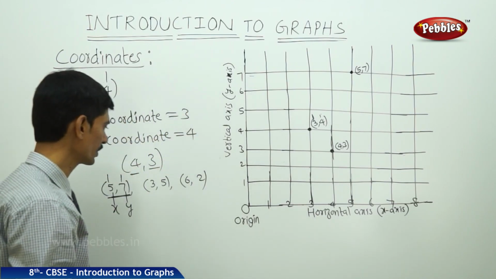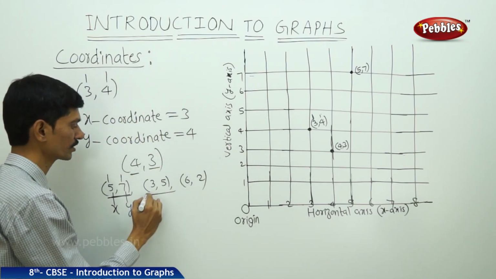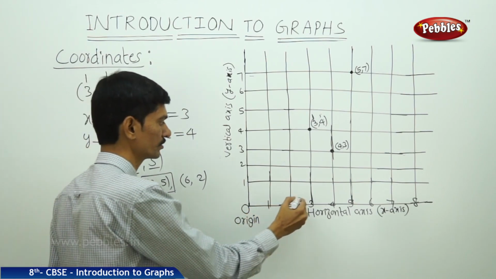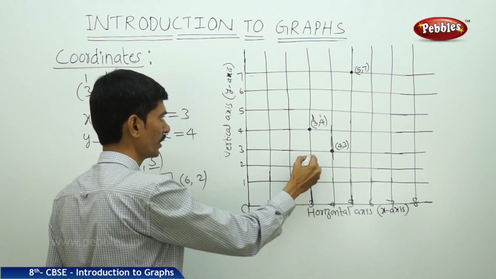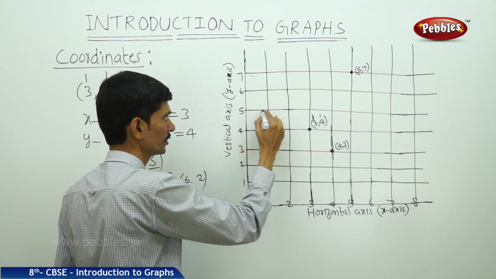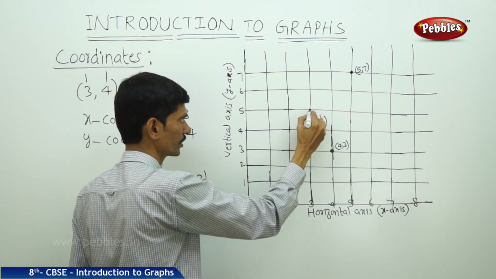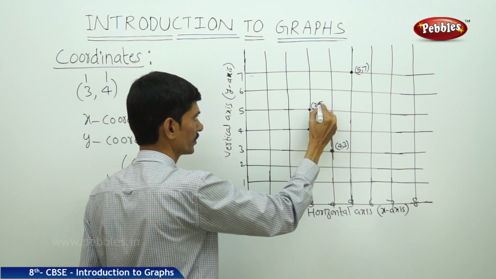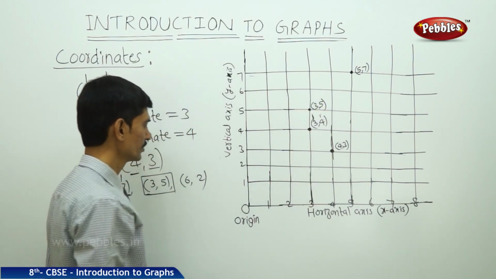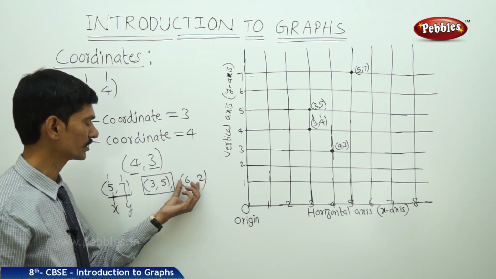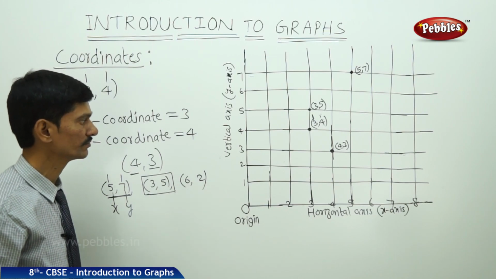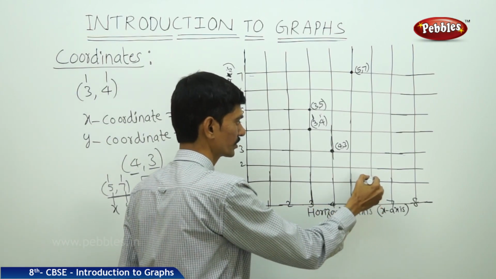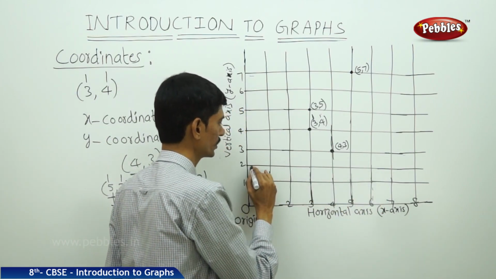Now if you want to locate the point (3, 5) on the coordinate plane, on the x axis you take 3, on the y axis you take 5. These two lines will intersect in this point. So this is the point (3, 5). Now if you want to locate the point (6, 2) in the coordinate plane, on the x axis you take 6, and on the y axis you take 2.